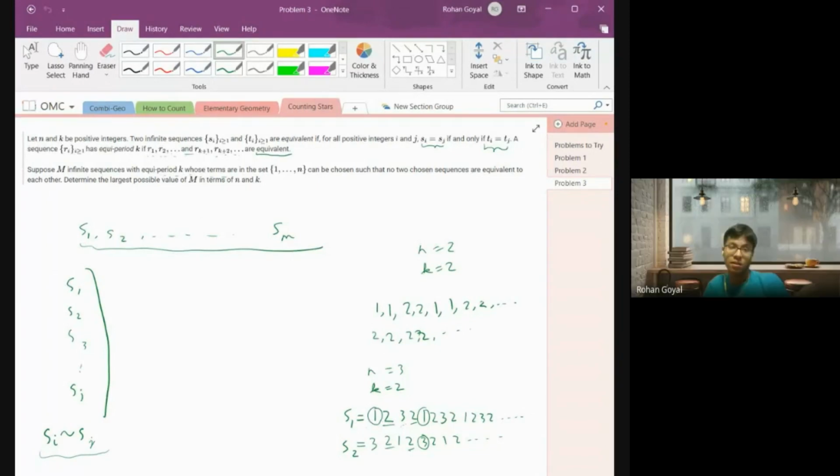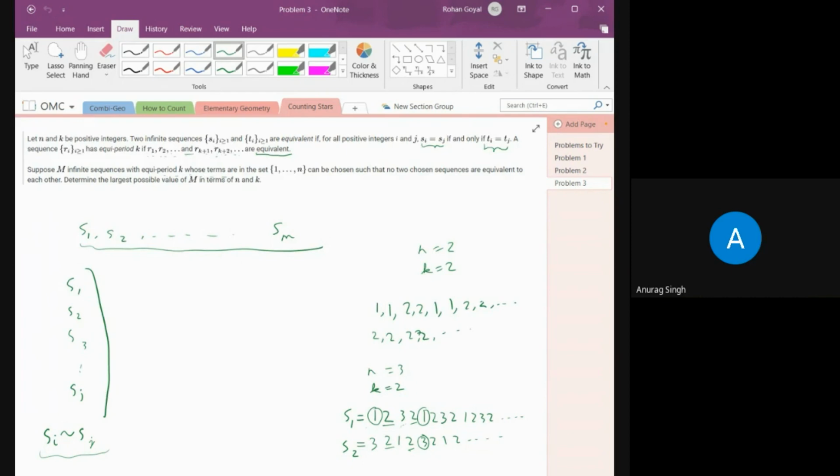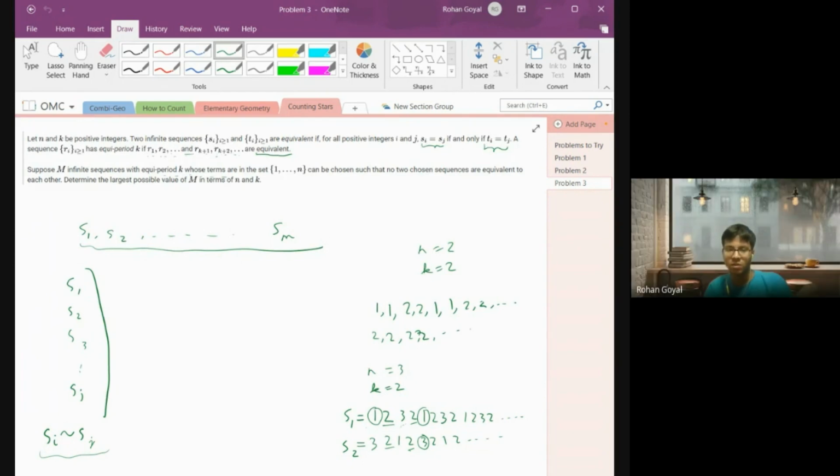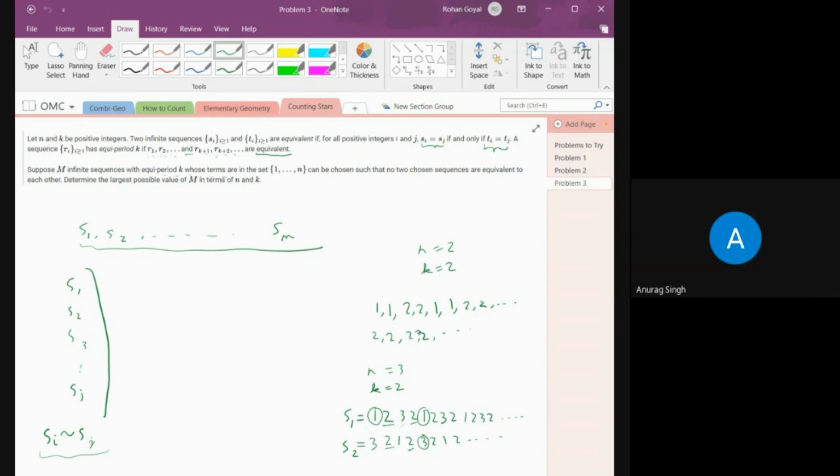A sequence does not need to have an equiperiod inherently, but if they have an equiperiod, they both have equal equiperiods. Yes. So if they both have equal period, then if we prove that for the first k elements, both sets are equivalent, then we will be done.